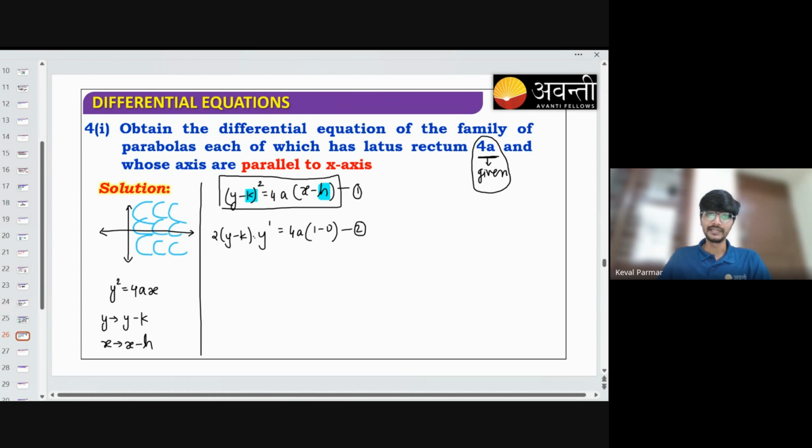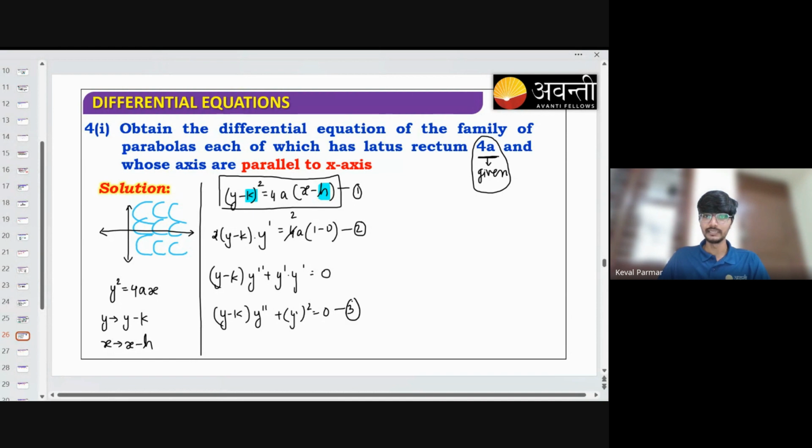Now I'll differentiate it again. On the left hand side, we have to use the chain rule. So y minus k into y double dash plus y dash into y dash is equals to, on the right hand side, what will we get? 0. That means y minus k into y double dash plus y dash square equals to 0.